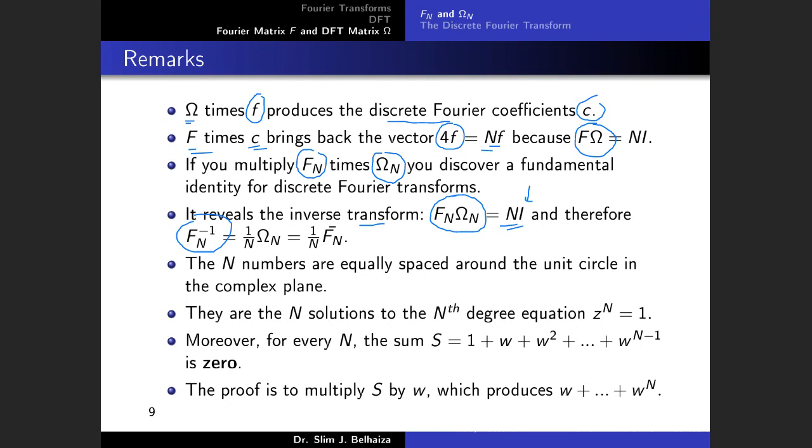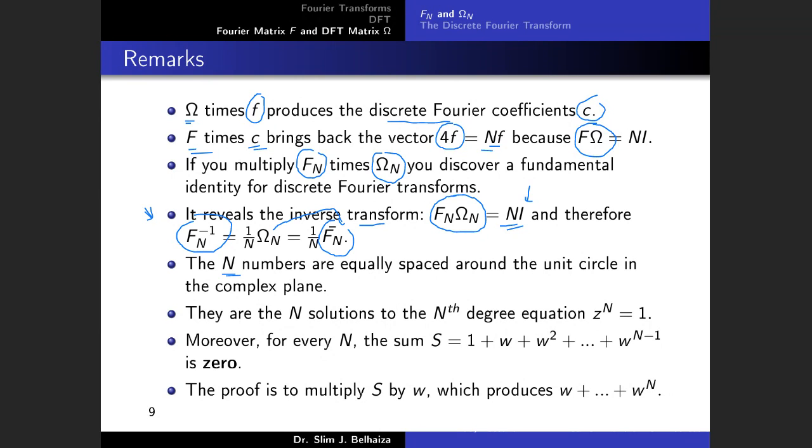You could replace omega n by its conjugate form, Fn conjugate. Because Fn itself is a complex matrix, Fn inverse is 1 over n Fn conjugate.